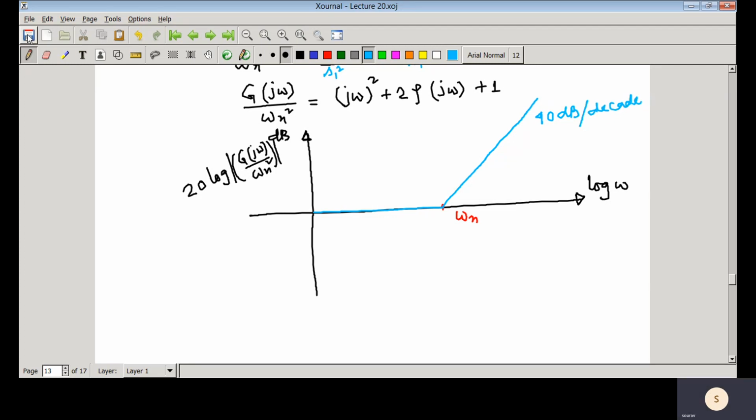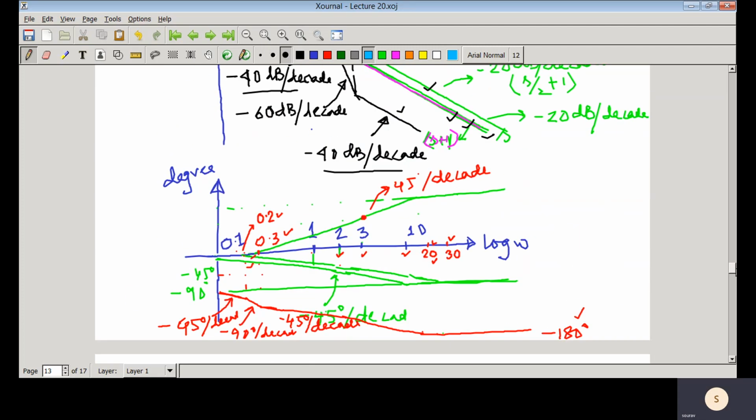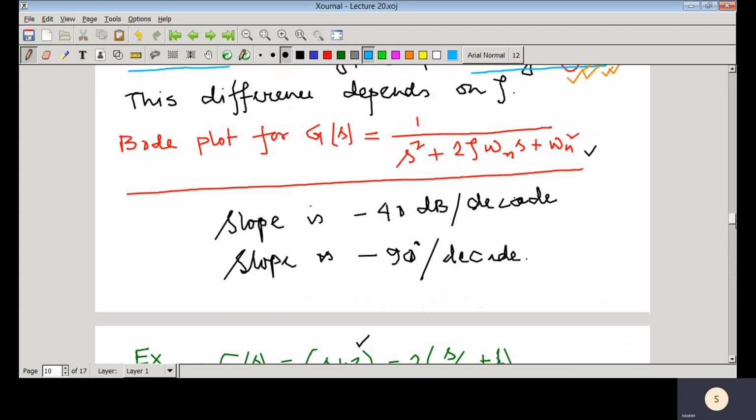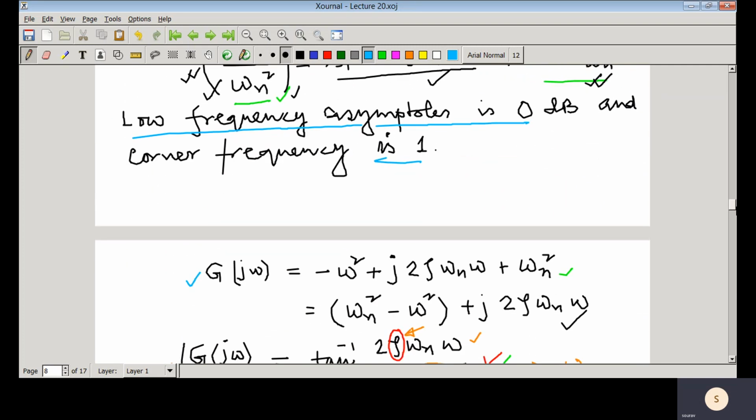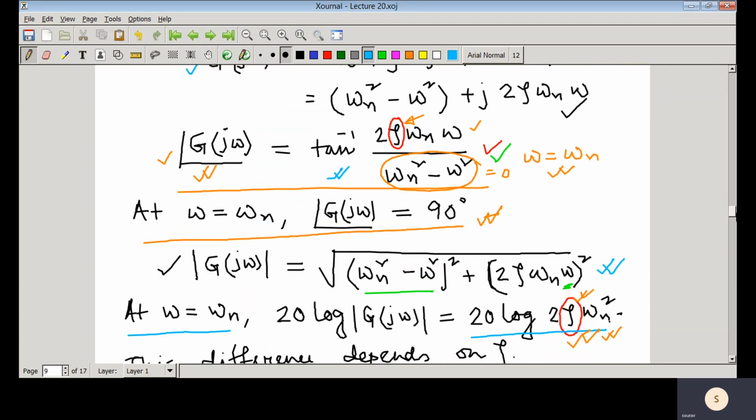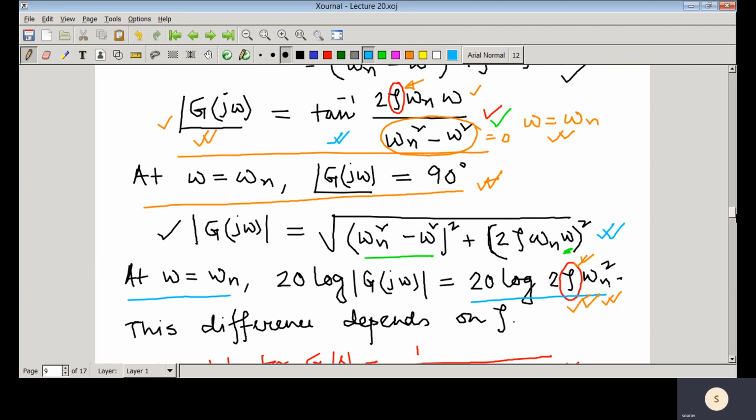That means if we have a factor like s plus a, it is 20 dB per decade, but if you have a second order term, we have seen that it is 40 dB per decade.